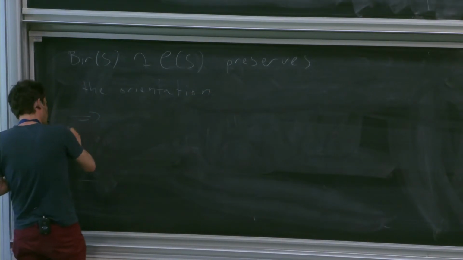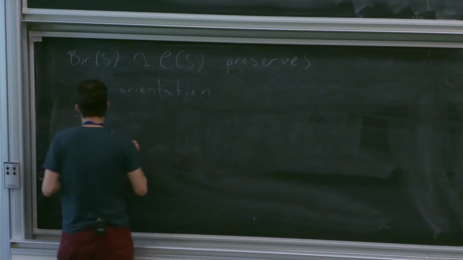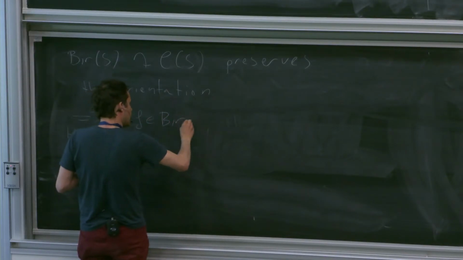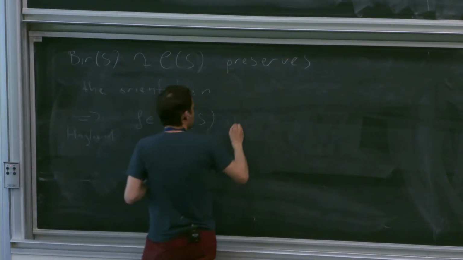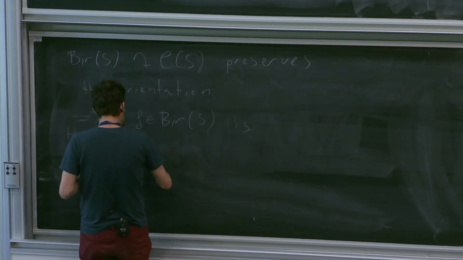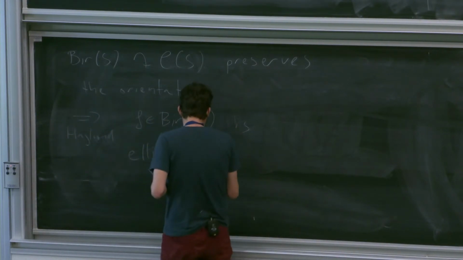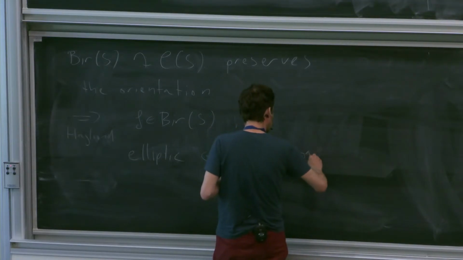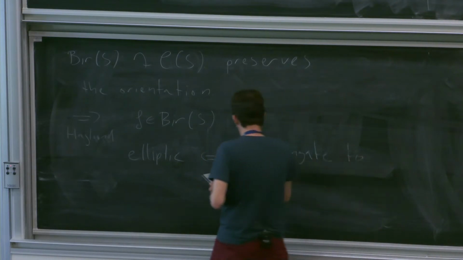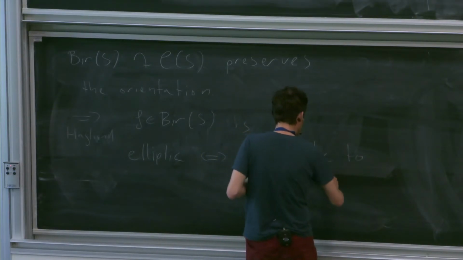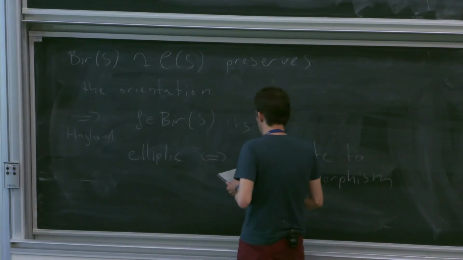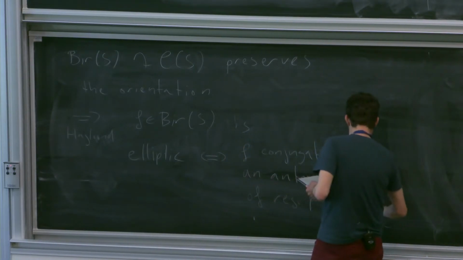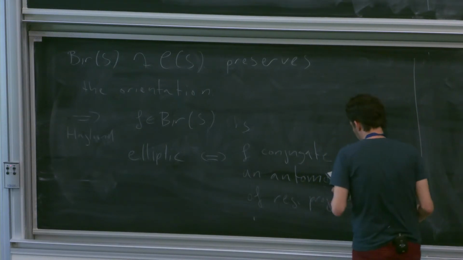So now we can apply Haglund's theorem, where we get that if we have a birational transformation F of S, then this one is either elliptic, and as we've observed in the beginning, that's equivalent to saying that F is conjugate to an automorphism of a regular projective surface. Or it is loxodromic.